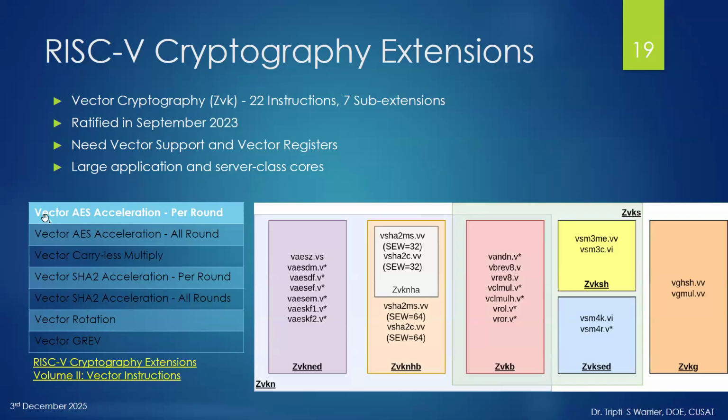All these instructions perform operations on a large amount of data simultaneously. A single instruction works on multiple data in parallel because it has vector support. That's the difference between scalar and vector extensions.